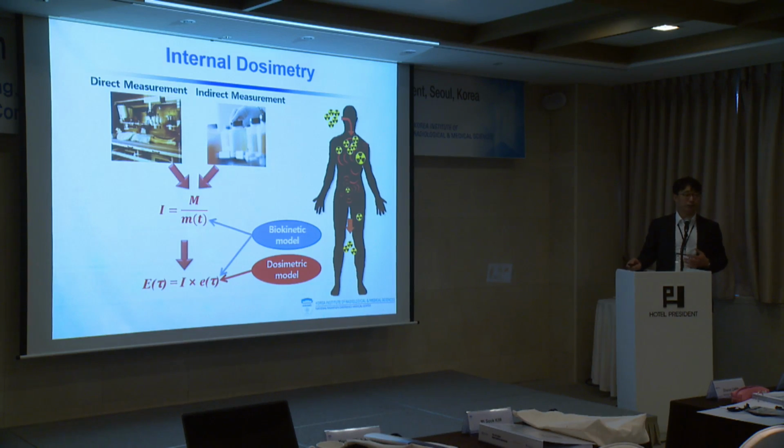So we have to use the proper bioassay function to determine the intake value. And the dose coefficients are also determined by using these biokinetic and dosimetric models. ICRP already provided those coefficient data sets considering this biokinetic and dosimetric model, so you have to choose the proper dose coefficient.